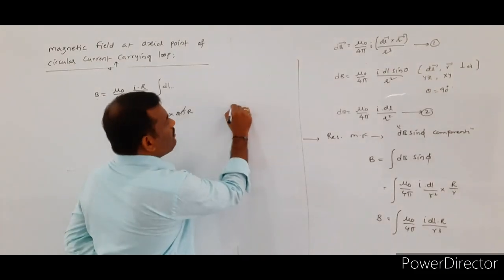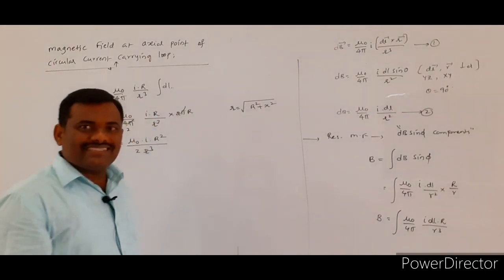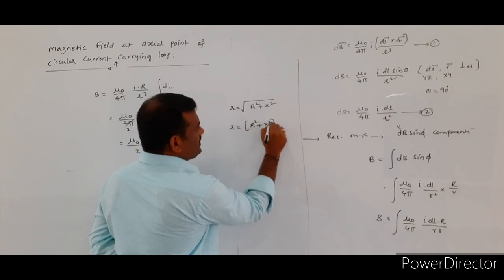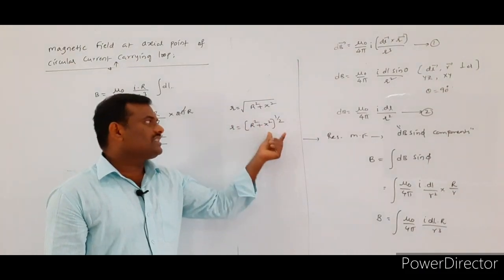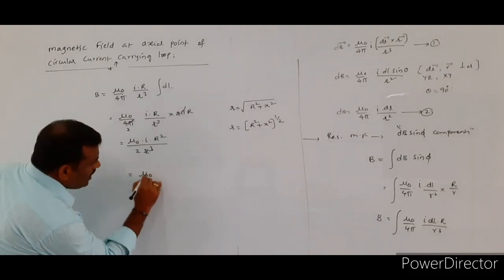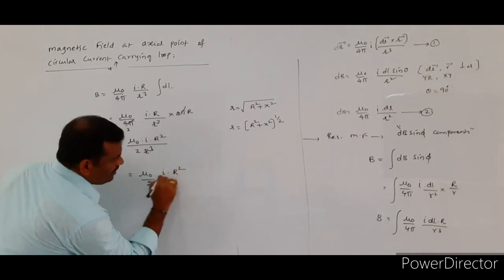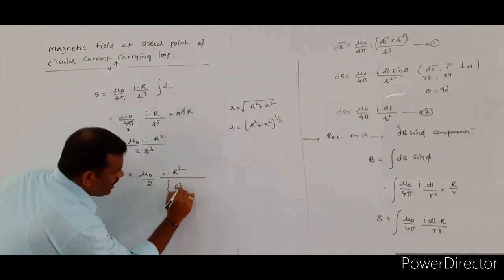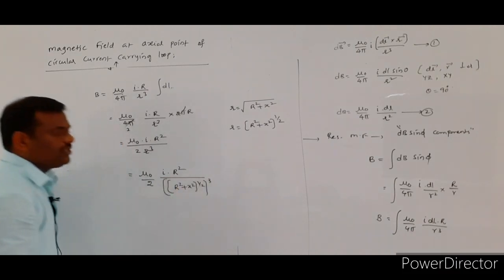But you know that small r is equal to under root of R square plus x square. Small r is equal to R square plus x square whole power 1 by 2. So small r cube is equal to R square plus x square whole power 3 by 2. Substitute this value here. You will get mu naught by 2, in the numerator the term will remain the same, I into R square, by, in the place of small r, R square plus x square whole power 1 by 2, again whole cube will be there.